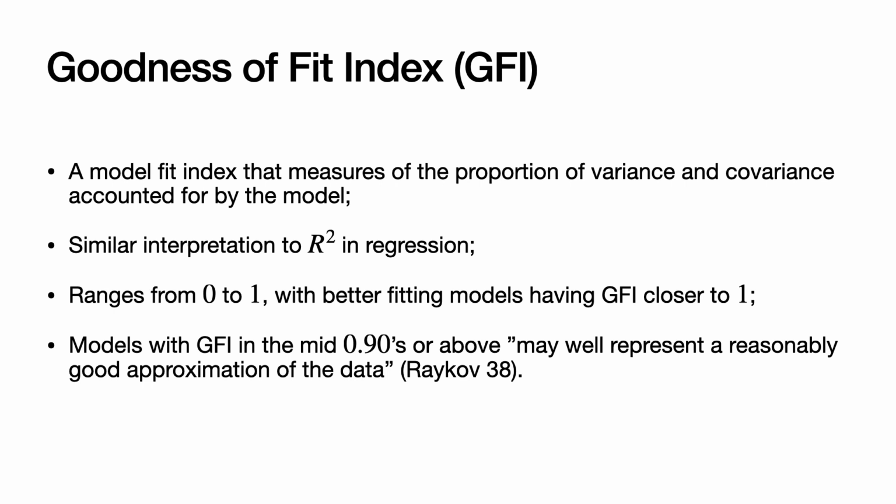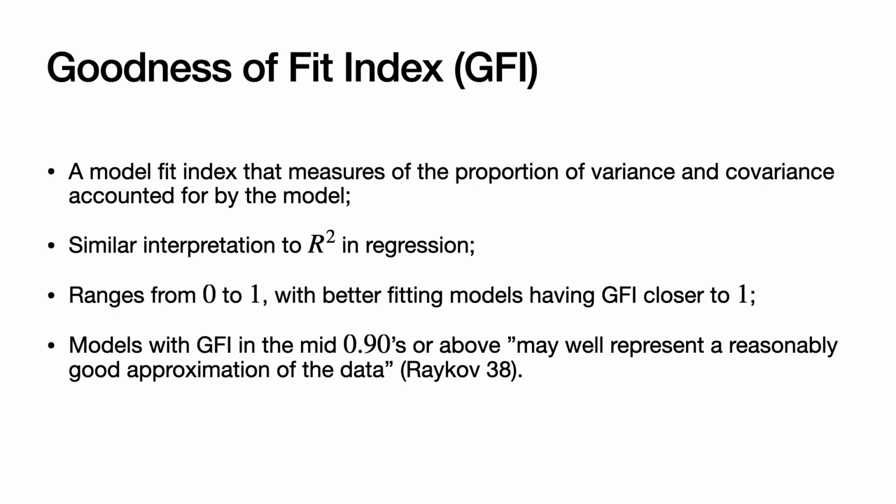The GFI is similar in interpretation to the R squared in regression, which you'll recall is the coefficient of determination. And in the context of regression, the coefficient of determination, R squared, gives us the proportion of the variability in the response that is accounted for by the model. And so the goodness of fit index is a similar type of index.